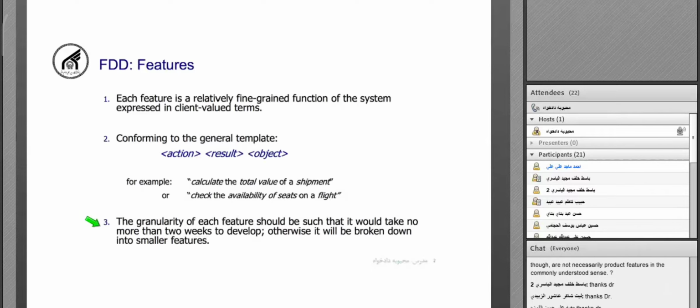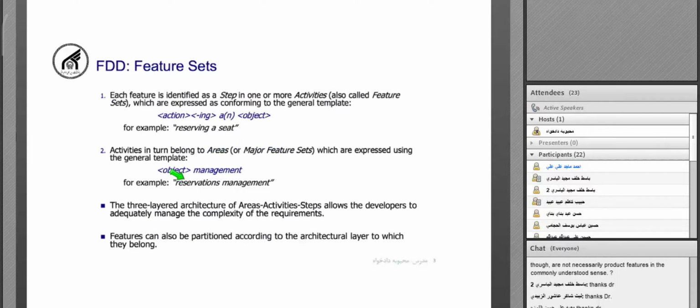That feature should not be very small or very big. The time for developing that feature should not be more than 2 weeks. If you have a feature that is big and will take more than 2 weeks to develop, then you should break down that feature into smaller features.